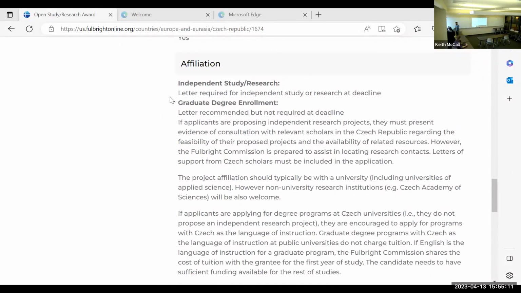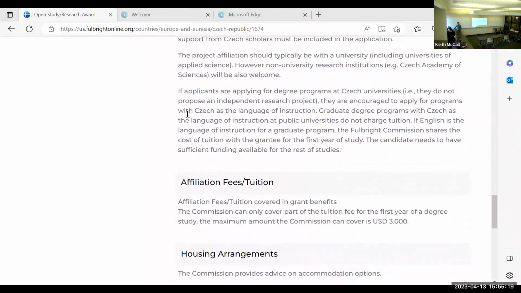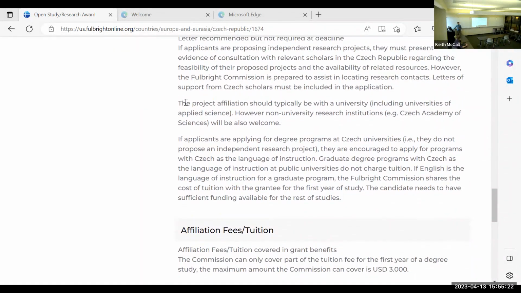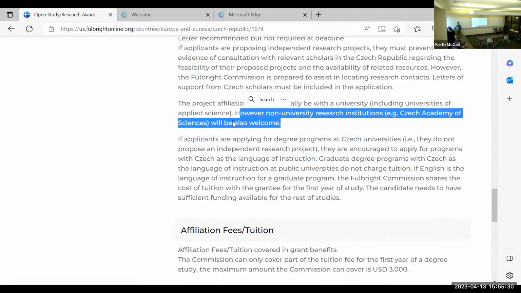Okay, so this one, because it's an open study, they do detail what they're expecting in an affiliation. Others will be fairly specific too. It should typically be with a university, and then they say that others are also welcome.